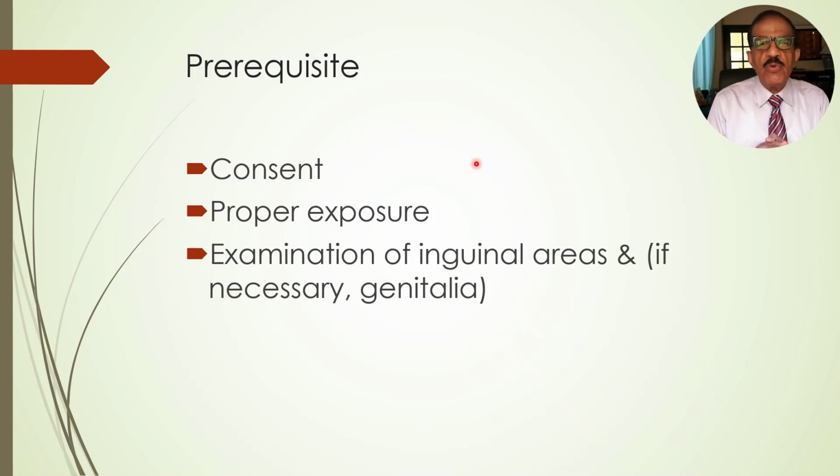Whenever you do some special method, like examining the genitalia or the breast, or exposing the chest, you have to take additional consent. One way of doing that is to tell the patient that you are going to do this, and if the patient has any objection, they will tell you that they don't like this and will not allow you to do it.